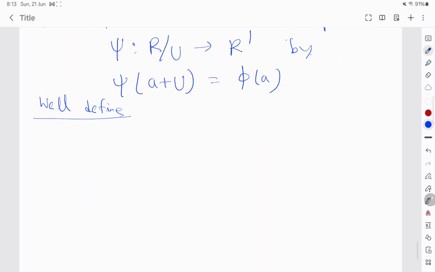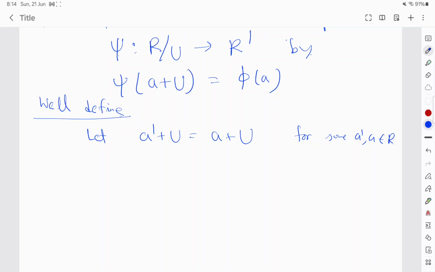So for well defined, you have to consider two elements. Let a dash plus u equal a plus u, for some a dash and a belonging to R. What you have to show is that psi of that will be psi of this.